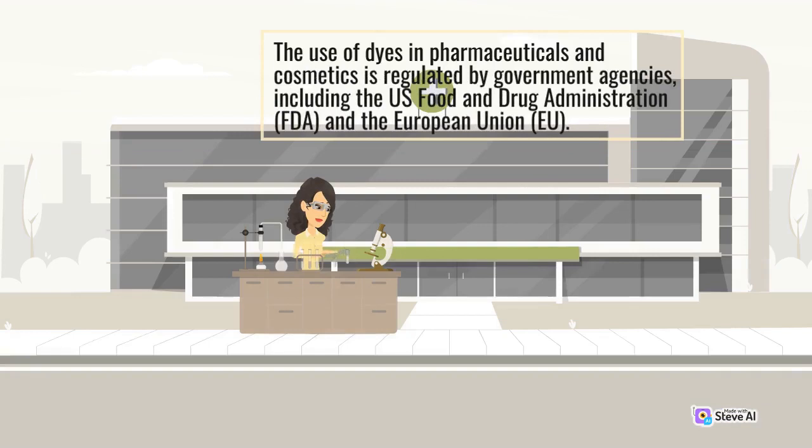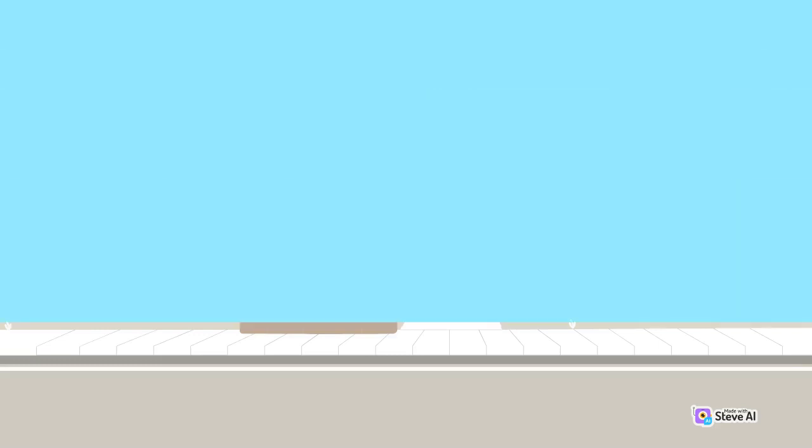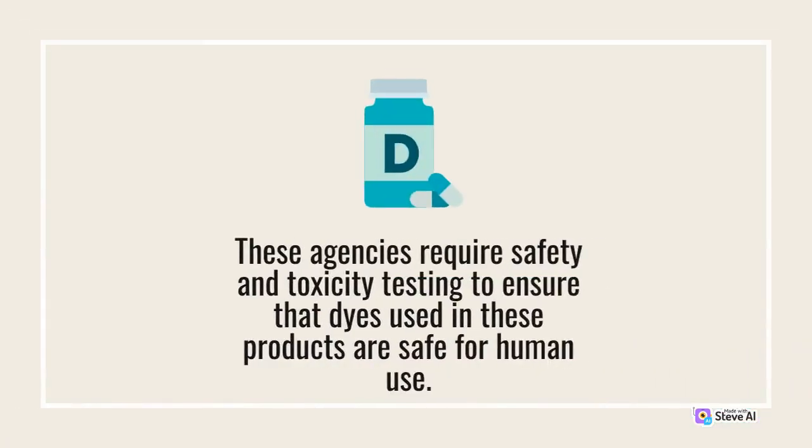The use of dyes in pharmaceuticals and cosmetics is regulated by government agencies, including the U.S. Food and Drug Administration, FDA, and the European Union, EU. These agencies require safety and toxicity testing to ensure that dyes used in these products are safe for human use.